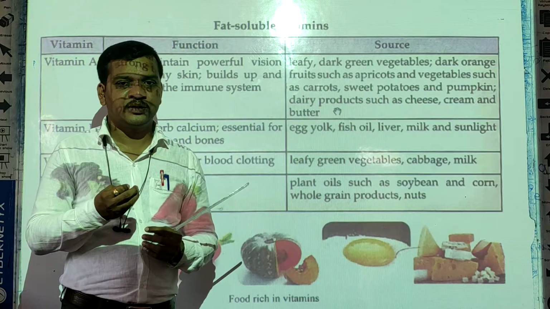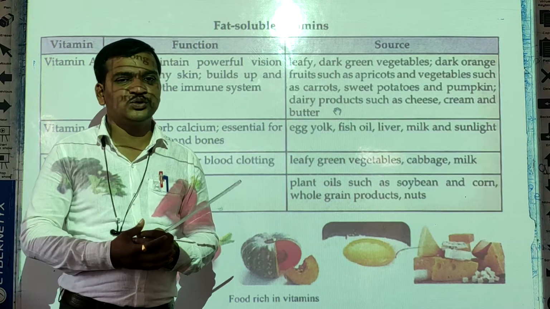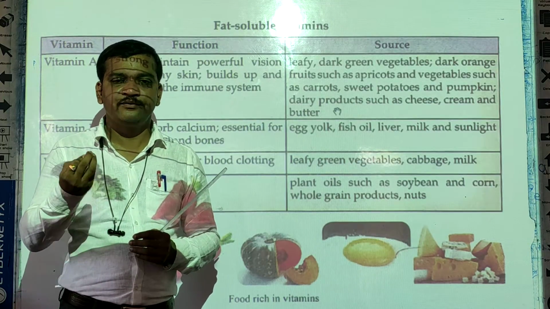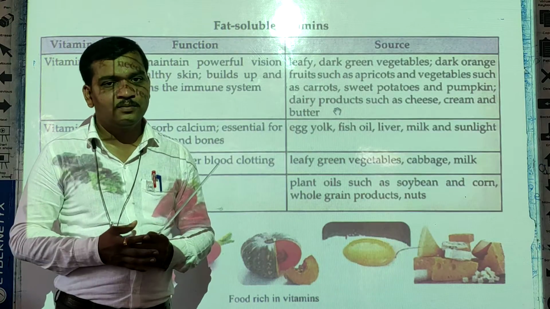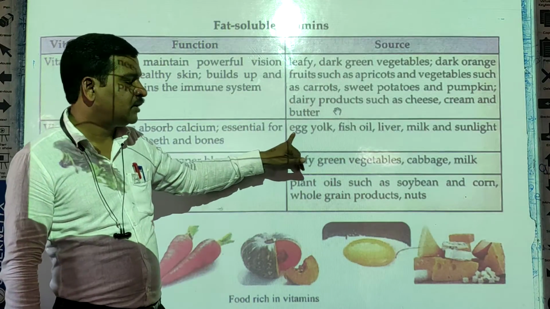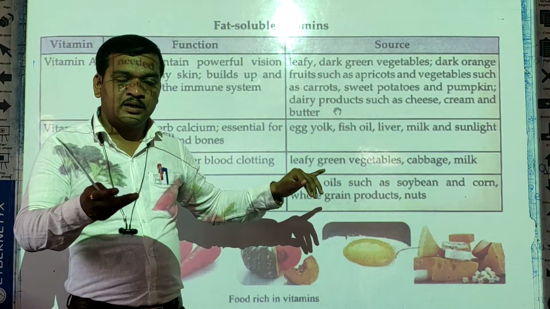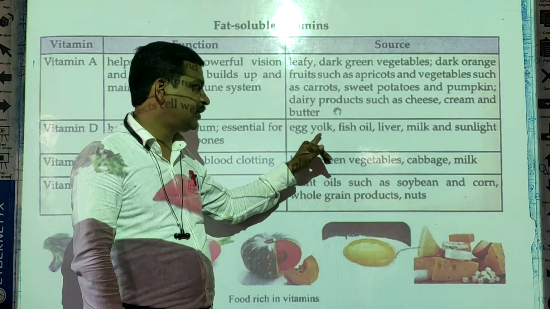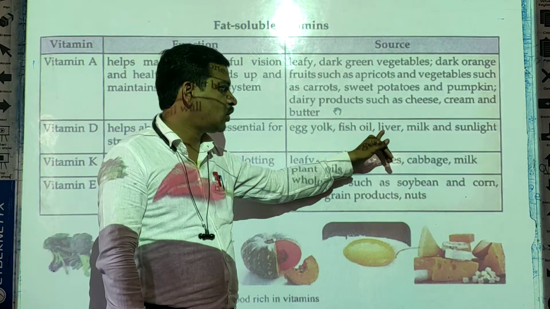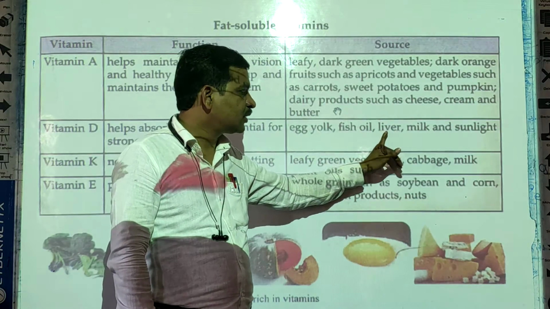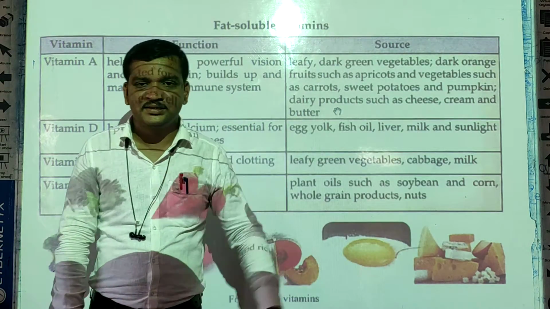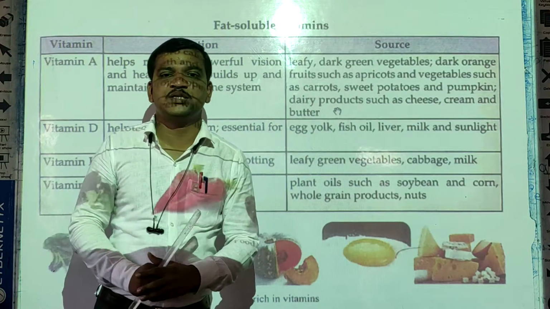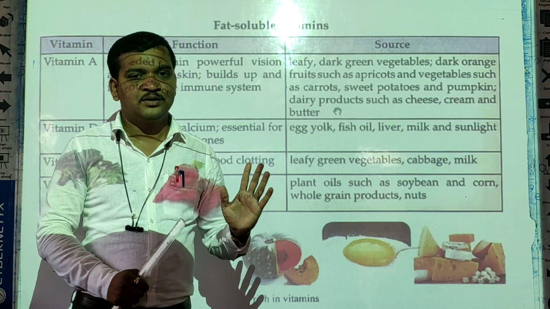When the body is exposed to the sunlight early in the morning, our body gets vitamin D. Other than that, how can we get vitamin D? Egg, fish oil, liver, then milk and the sunlight. These are the sources of vitamin D.